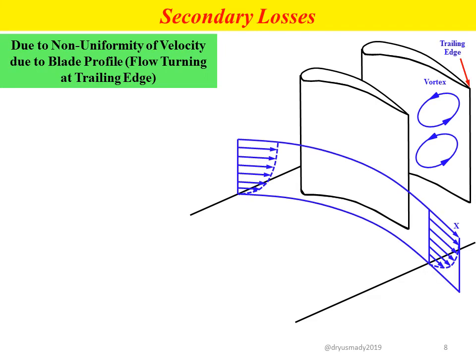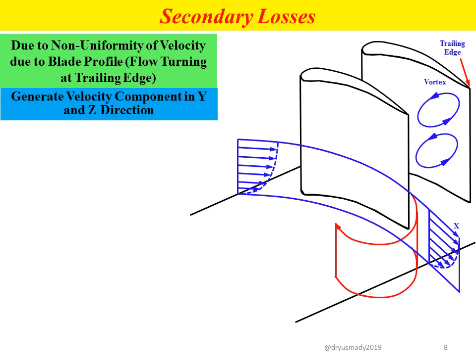Okay, in order to describe the phenomena, let's look at the figures. The region with the blue line refers to what I call the velocity profile of the fluid throughout the blade passage. So we have the velocity profile in the x direction.